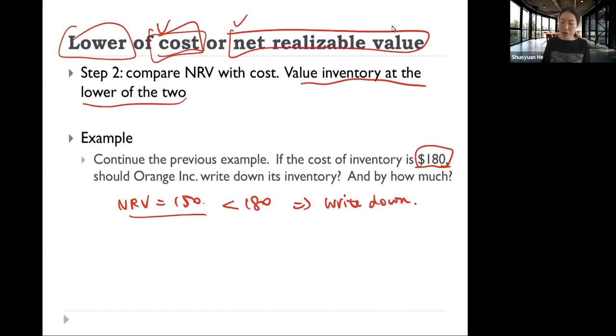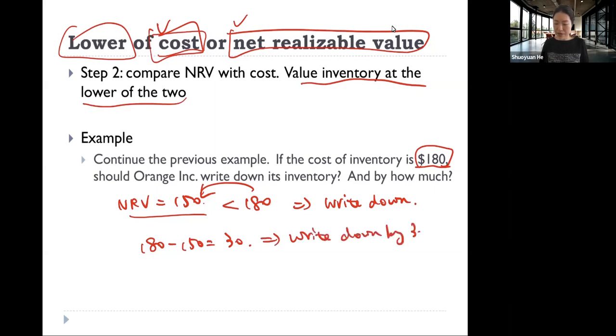And by how much? We need to write it down to 150. So the difference is $30. So we need to write down by $30. So this is the lower of cost or net realizable value.